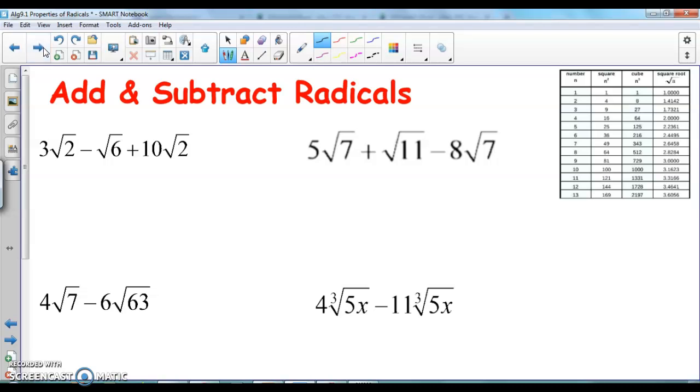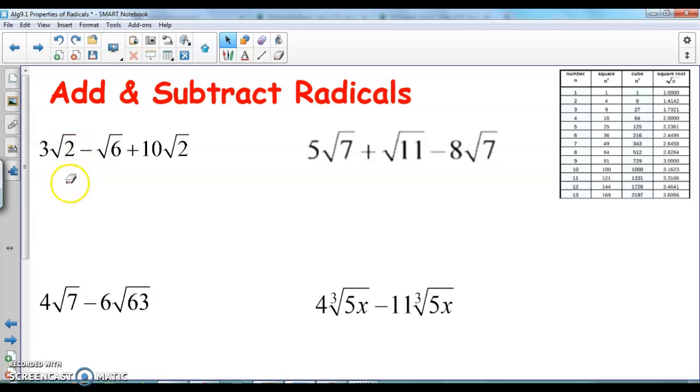Okay, what about when there are 3 of them? What's going to happen? So let's see. 2 is a factor of 6, right? But even if I break down radical 6 into radical 3 times radical 2, we still can't combine the radical 3 with the integer 10 and the integer 3. So that means there's no point in simplifying it, right?